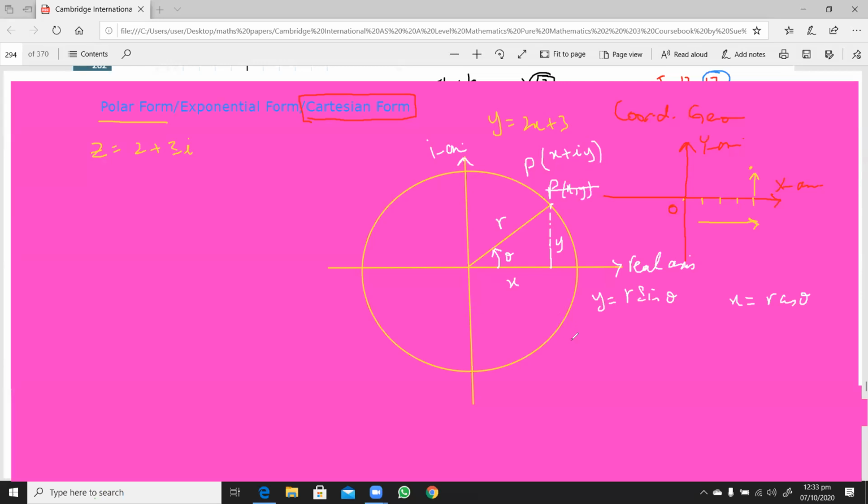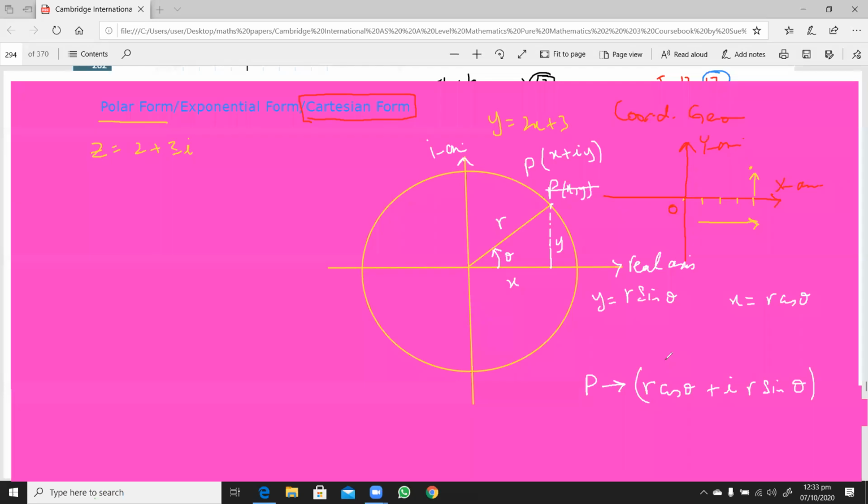Now, can I say that this P can also be written as r cos theta plus iota r sine theta? Yes or no? Come on.